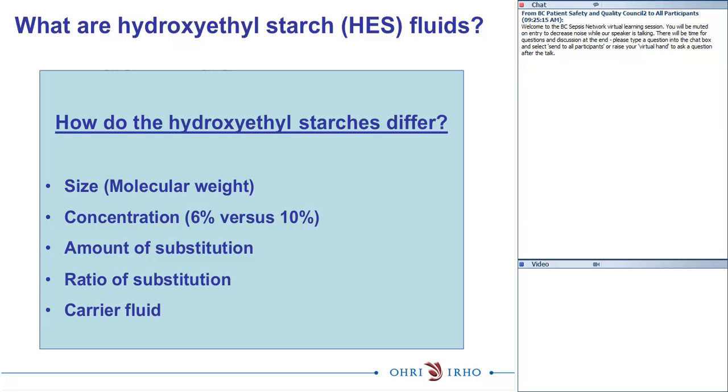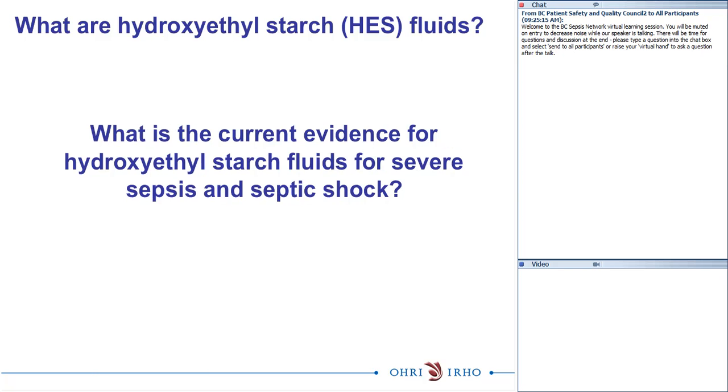And in regards to how much they're substituted, at the C2 and the C6 carbon, with the pentastarches they're about 45 to 50% substituted, and with the Voluben product that we have in Canada, it's more around 40% substituted. The ratio of substitution is also somewhat different between these two fluids, and the carrier fluid, meaning the carrier crystalloid fluid in those starches, can differ between a Ringer's-like solution versus a normal saline.